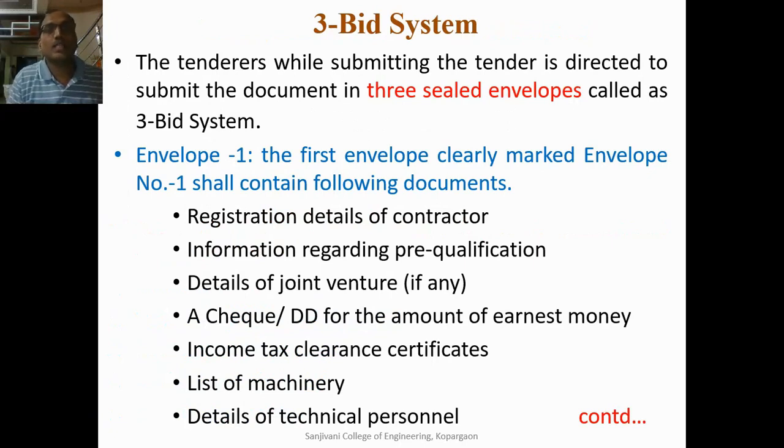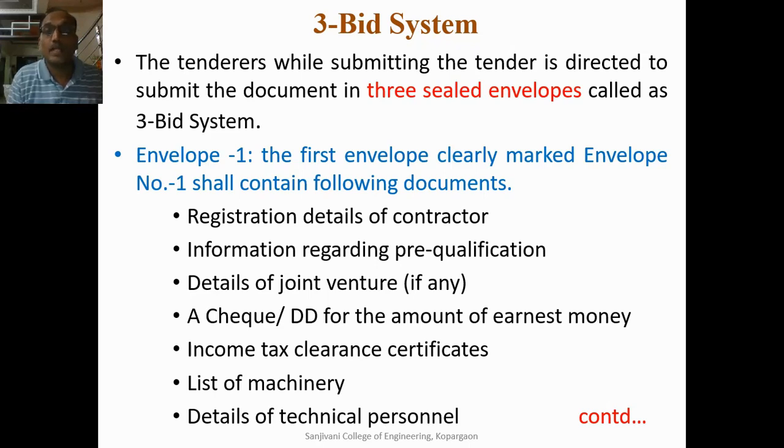Now coming to the last point, the three-bid system. The tenderer, while submitting the tender, is directed to submit the documents in three sealed envelopes, called the three-bid system. This is the general procedure, normally followed.